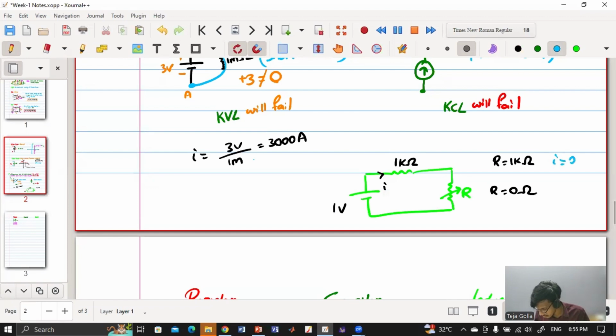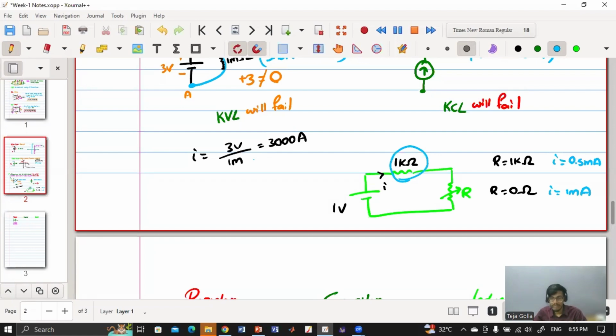Here I is 0.5 milliampere. Here I is 1 milliampere. So when R is 0 ohm, this is just shorted and the current is limited by this resistor, right? So if I have not connected this resistor, then what will be my current? My current will be infinite. So sometimes we connect the resistor to limit the current.